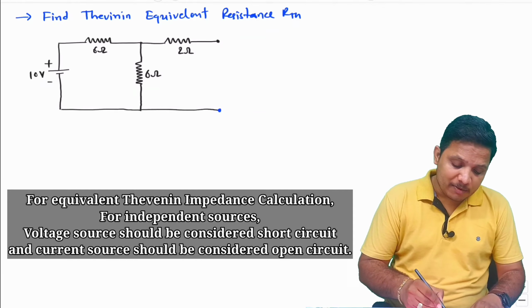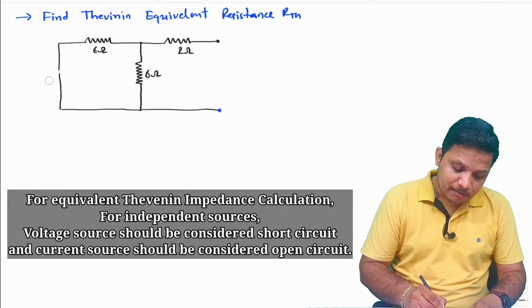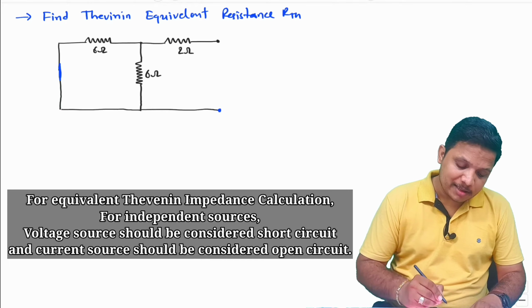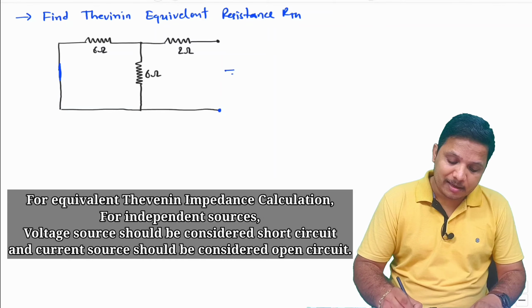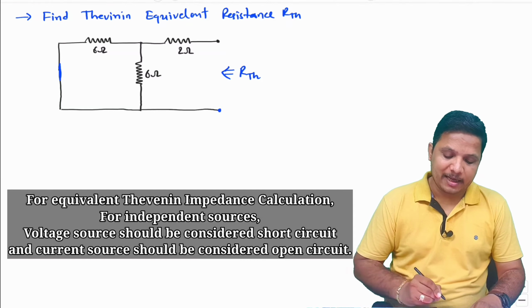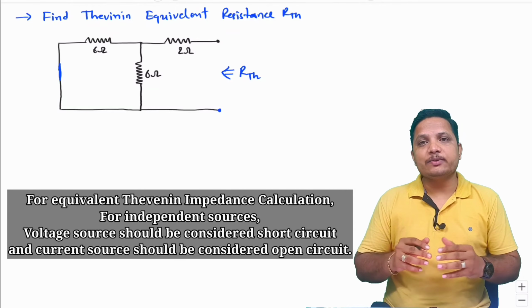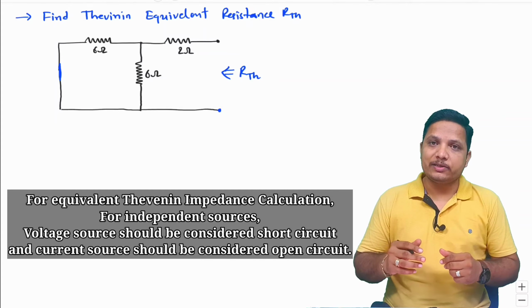So I have replaced this voltage source by a short circuit, and I need to measure the resistance from here, that is my RTH. This is the basic process for RTH calculation with independent sources.